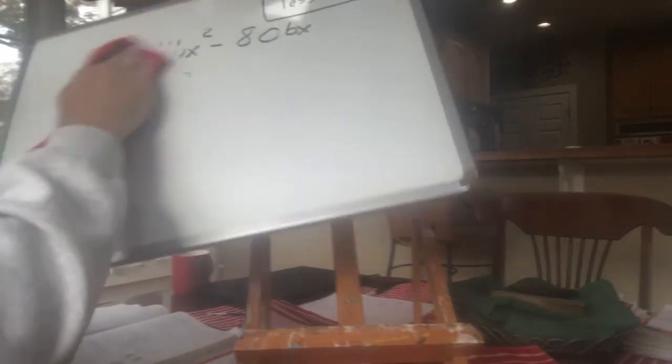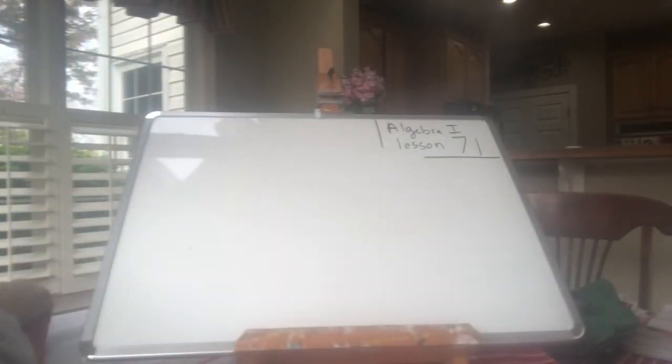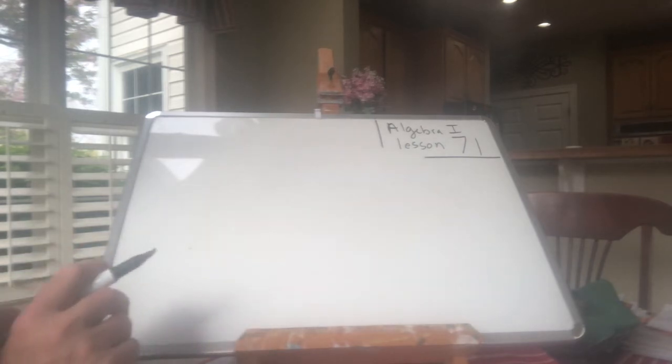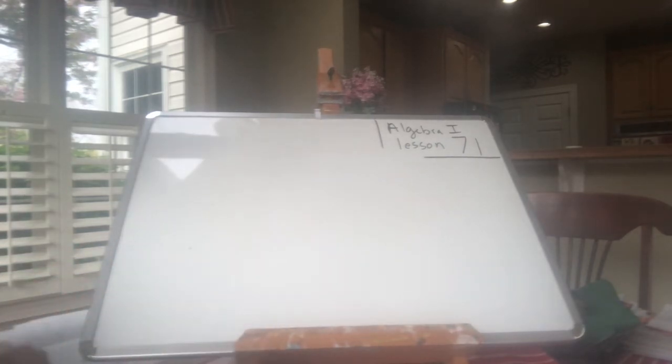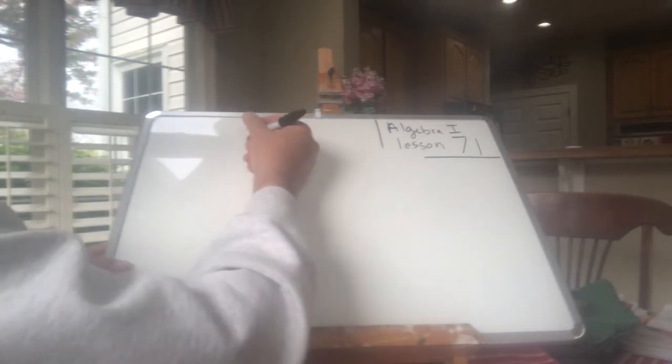Now, there is another part of this lesson that we must do. The other part of this lesson is subscripted variables, okay? And it's going to be using the substitution method as well as the elimination method. I wanted to do one example from this. I'll do the substitution method, okay?